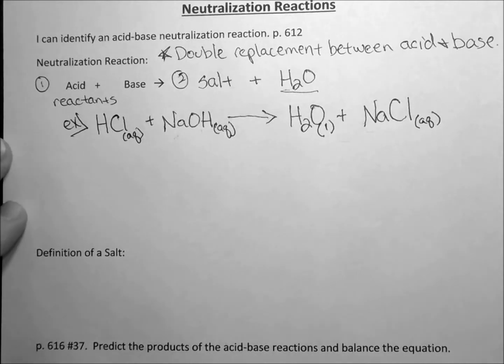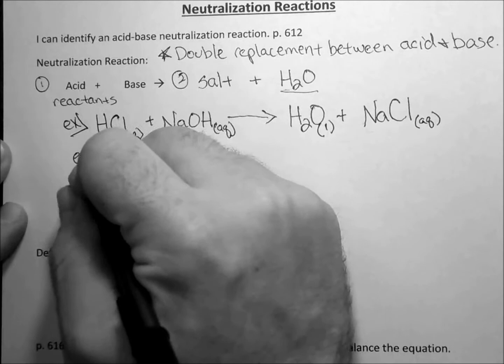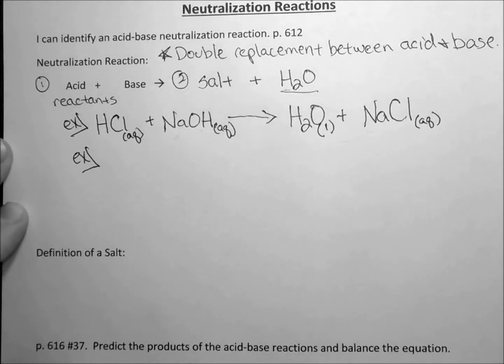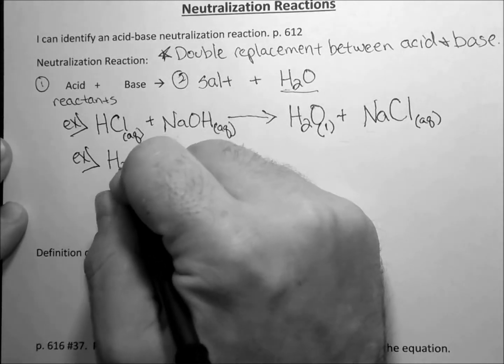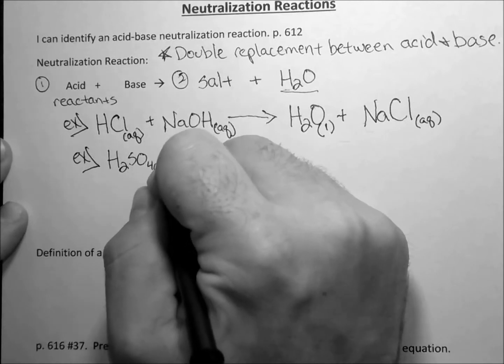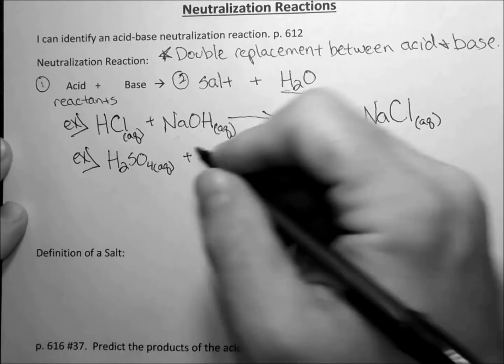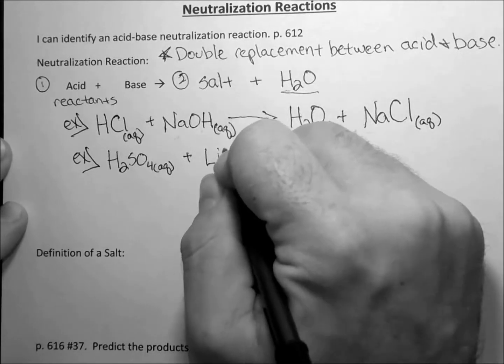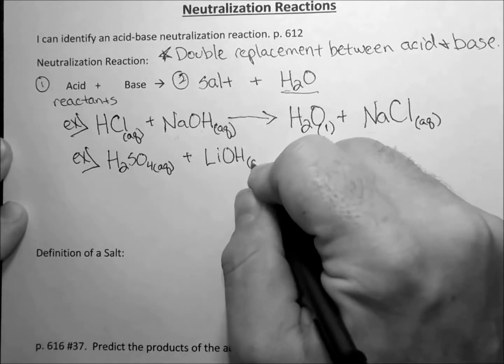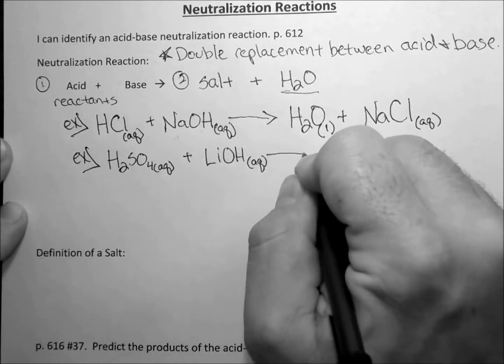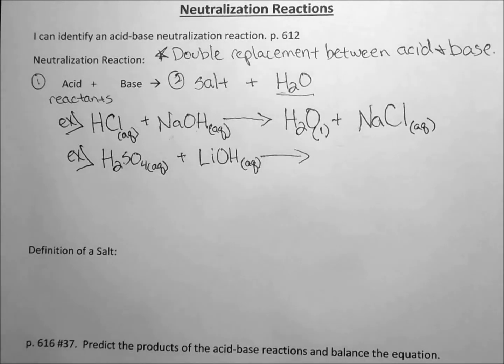Now, here's another example. H2SO4 is sulfuric acid. LiOH is a base, lithium hydroxide. Now, if I give you that, I expect you guys to know that it's going to be a neutralization reaction.